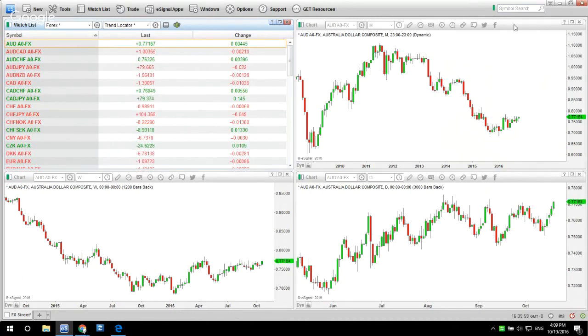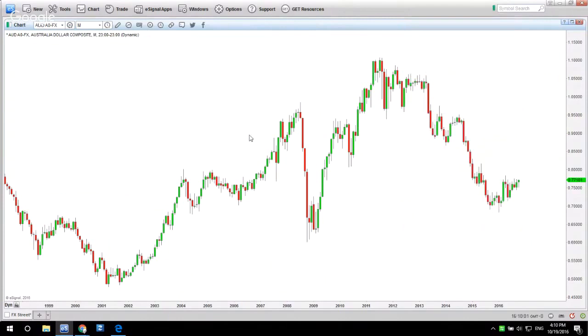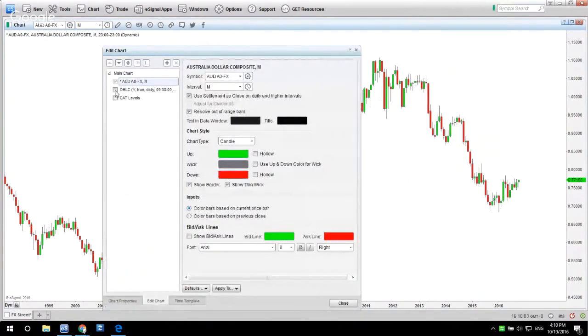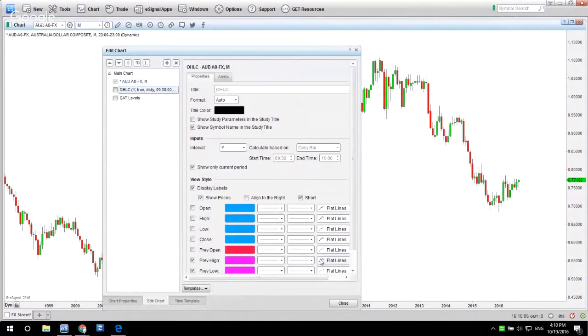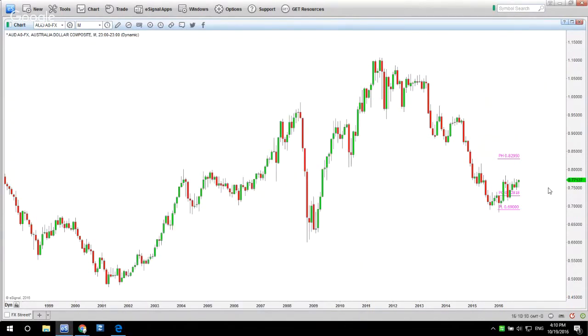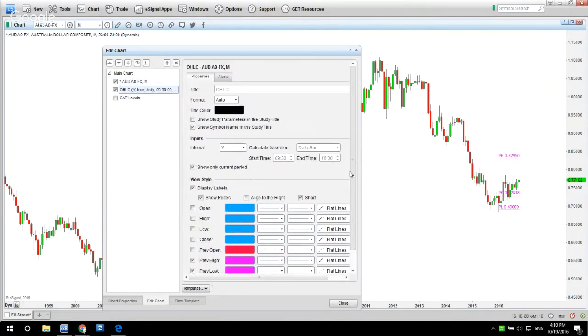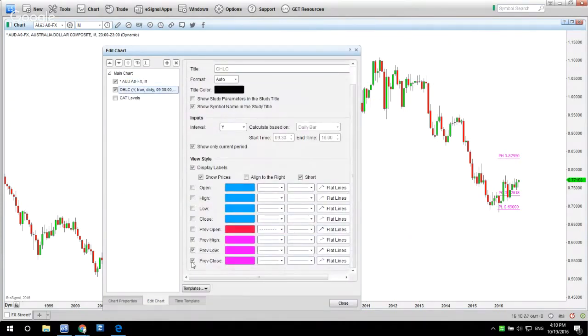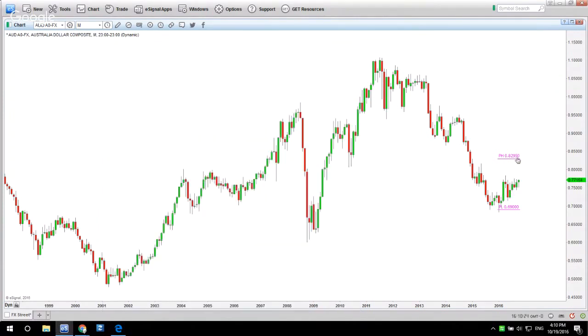So how do I use the monthly chart? Well, the first tools that I'm going to load up are these pink lines. These pink lines represent the high and the low of the previous calendar year. We've also got the closing price, but we can actually ignore that for now. So if I just remove the closing price, we can just focus on the high and the low.